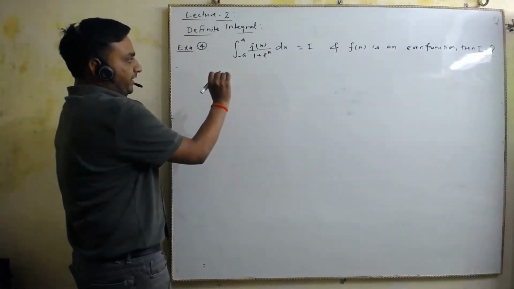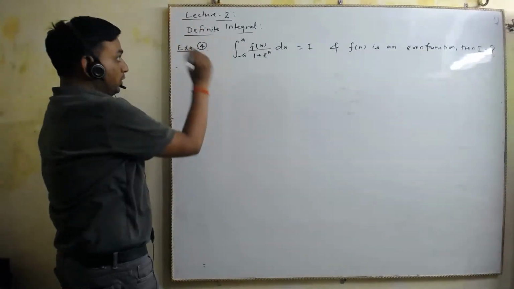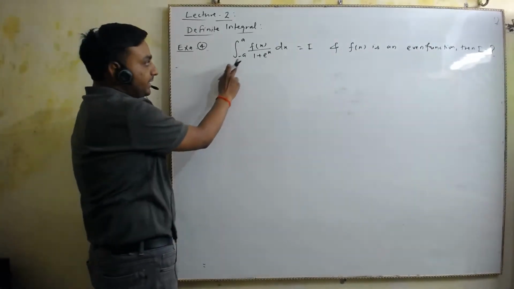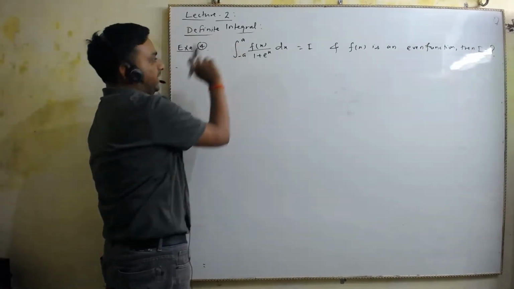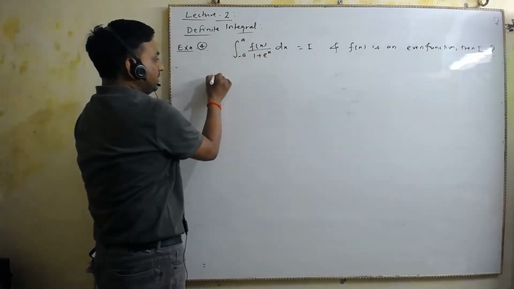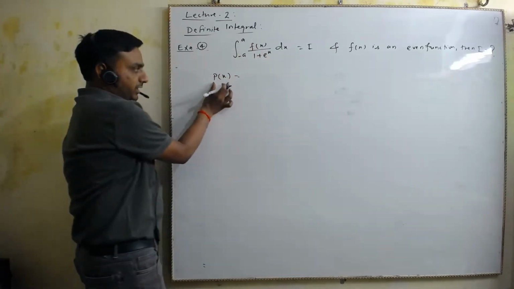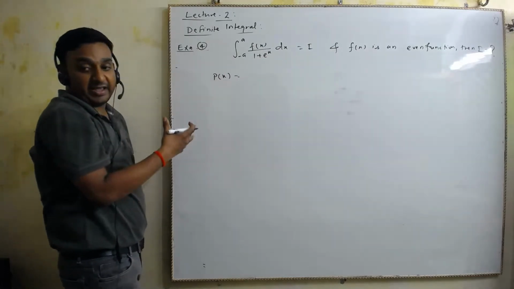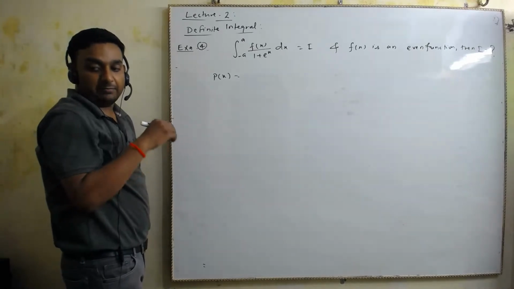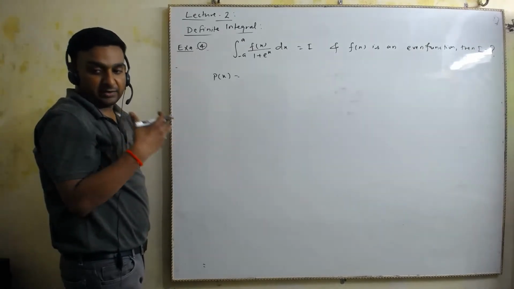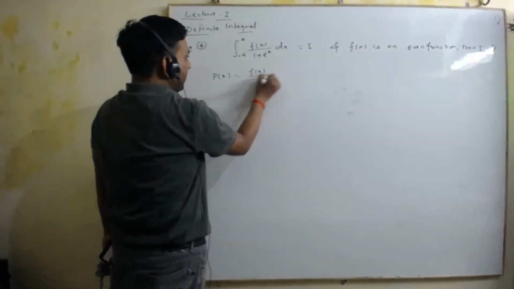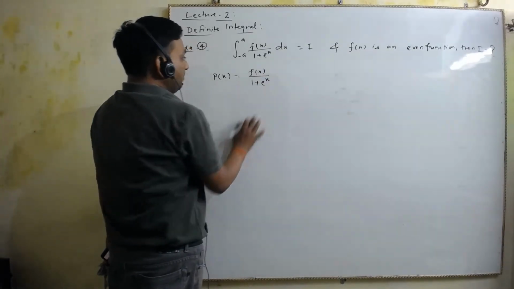So if f of x is an even function, please observe the definite integral here, minus a to a. In minus a to a we observe the integrand. If this integrand works like p of minus x equals p of x, then we will have 2 times 0 to a, otherwise 0.